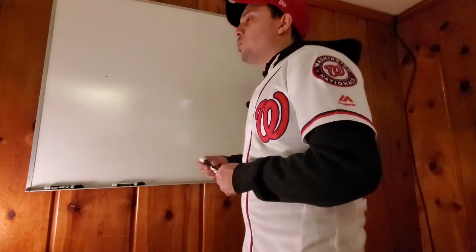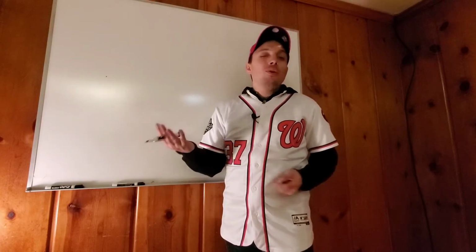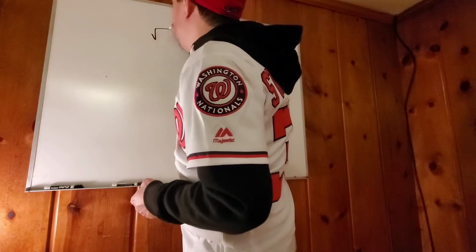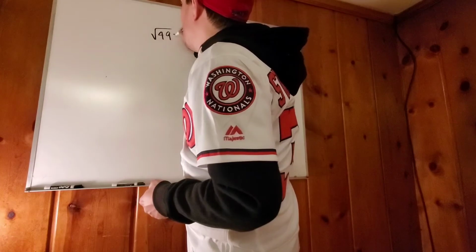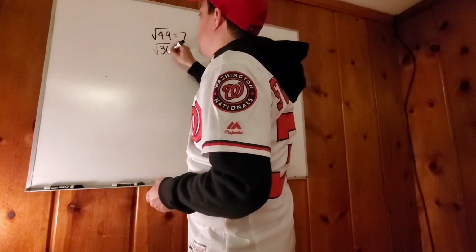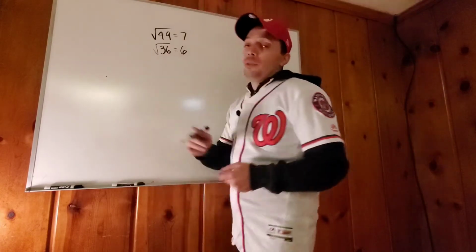To estimate a square root, it's actually a lot easier than what you think. The first thing is that you know certain square roots already. For example, the square root of 49 is 7, and the square root of 36 is 6.